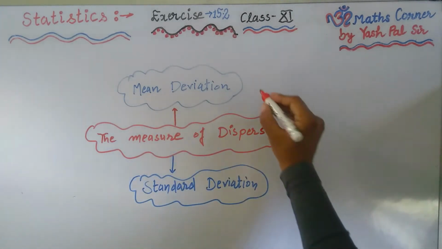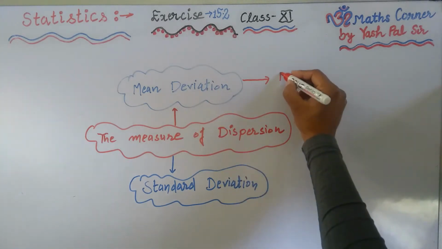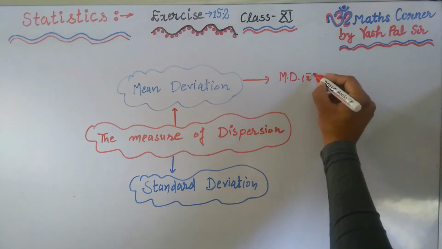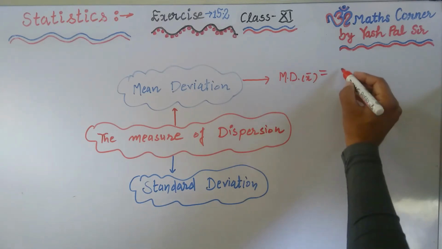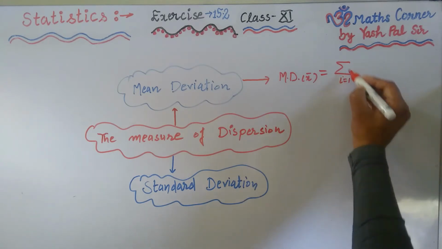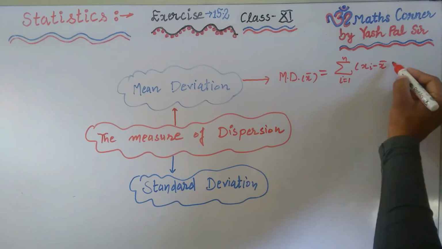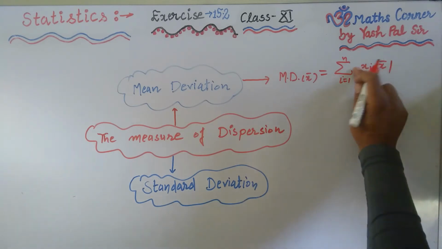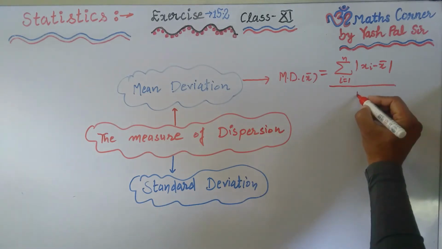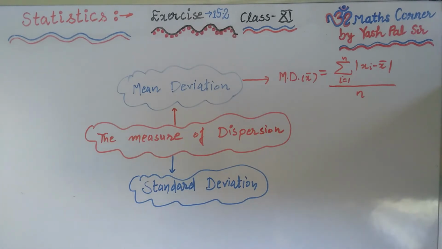First of all, let us see what was the formula for calculating mean deviation. Suppose about mean we are finding here. The formula was summation i equals 1 to n, modulus of xi minus x bar, whole divided by n. This was the formula for calculation of mean deviation about mean.